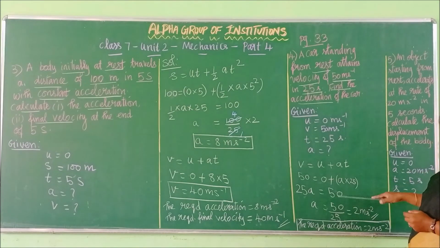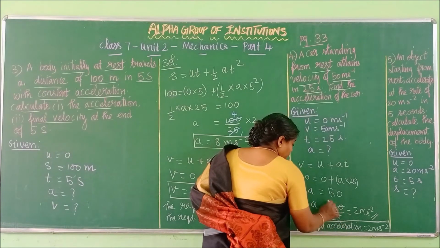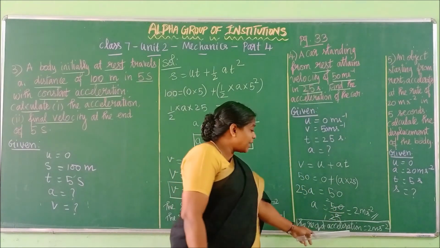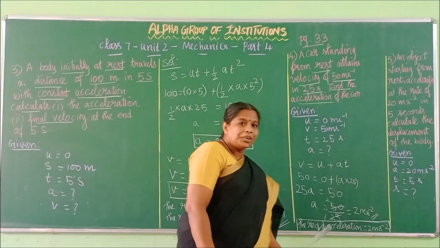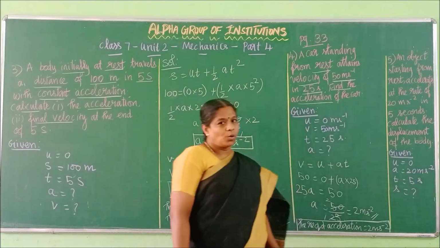This 50 comes here, and the 25 which is multiplication goes down as division. 25 ones are 25, 25 twos are 50. So the required acceleration is 2. What is the unit for acceleration? Meter per second square.